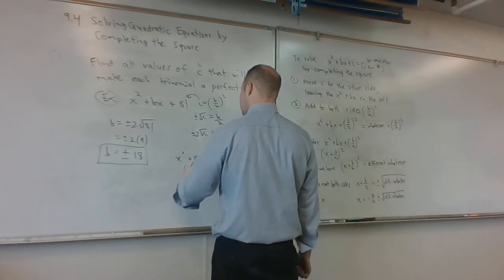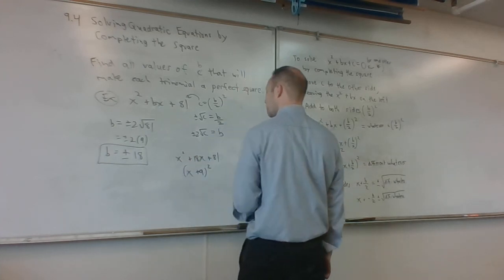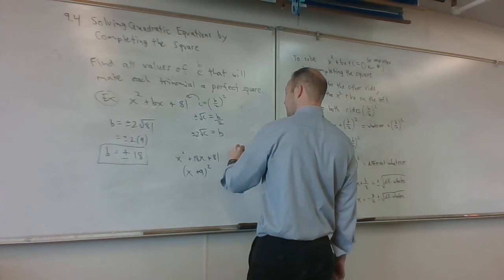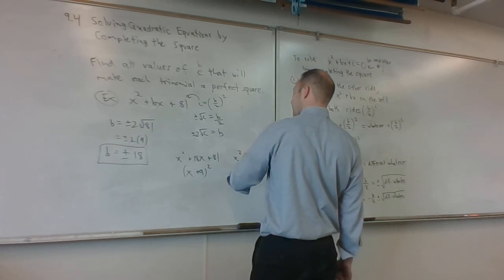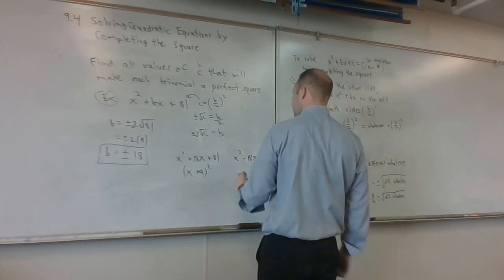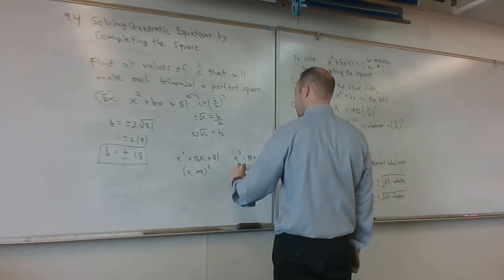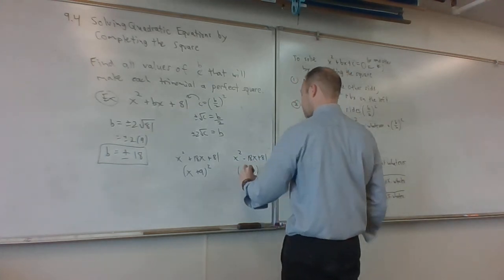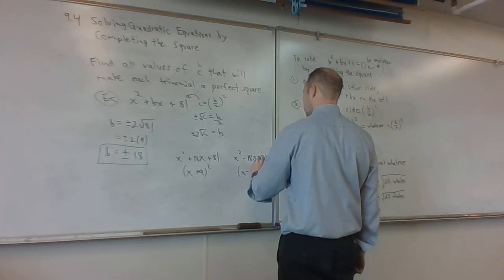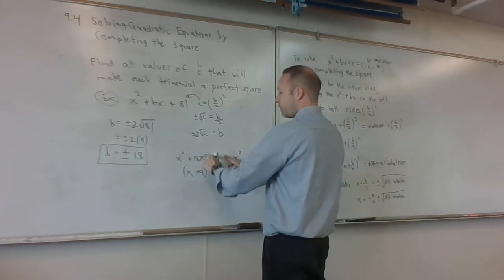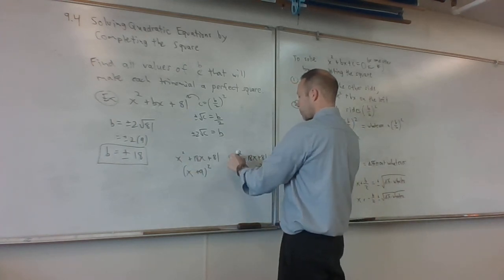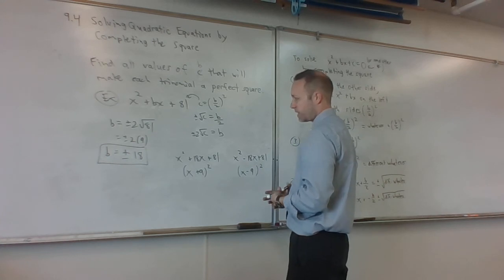Half of 18 is 9, so x plus 9 squared. And if we had x squared minus 18x plus 81, this also factors to a perfect square, x minus 9 squared. So both of these patterns are perfect squares that can be factored like that.